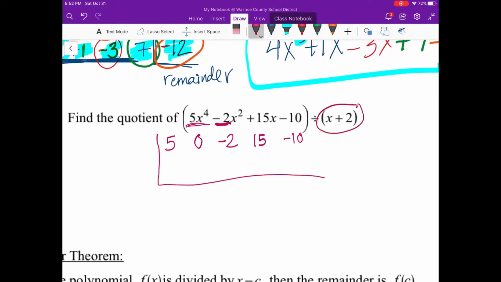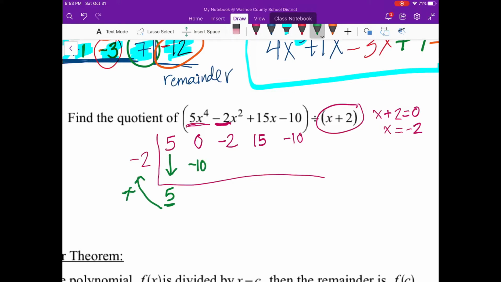This factor, you first have to set it equal to 0 and solve for x. So because it's giving me the factor, I have to set it equal to 0 and find the x value of my factor, not necessarily just the factor there. So I'm going to divide by a negative 2 here and use the same process. So I'm going to bring down the 5. 5 times negative 2 gives me a negative 10.